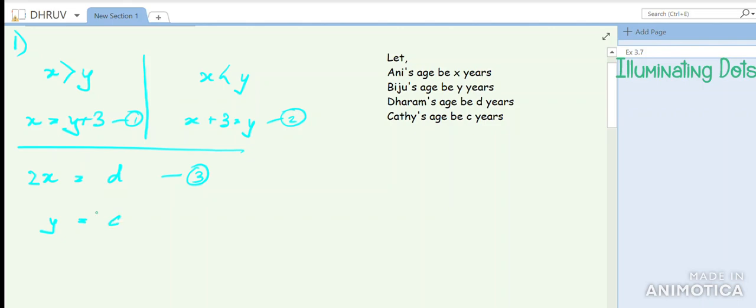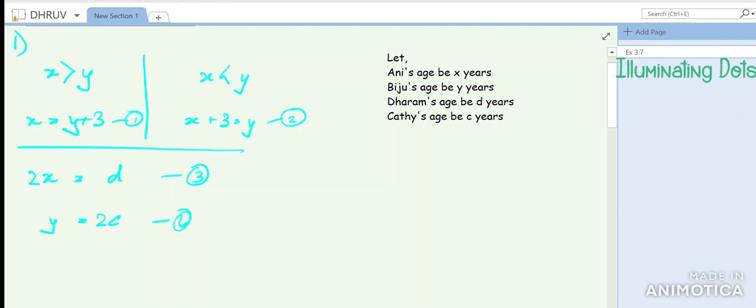The younger one here is c, that is Kethi, because Biju is twice as old as his sister. So Biju is the elder one, and we multiply 2 to Kethi's age, so y equals 2c. We have this here. This part is also clear, I hope.